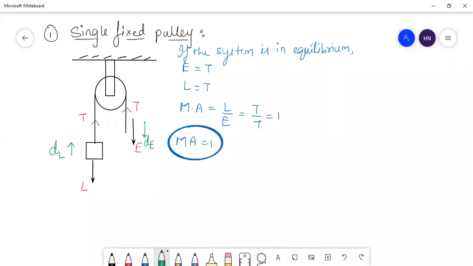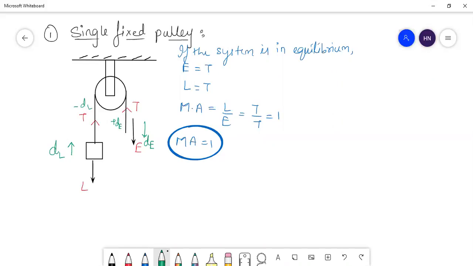The same thing we had done in our FB curriculum also. The length which will be changed in your tension over here will decrease, and here the length will increase. So we will get minus dl on this side and plus de on this side because the length will increase. Distance moved by effort and distance moved by load.